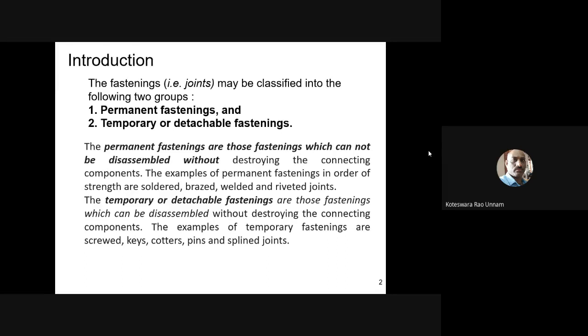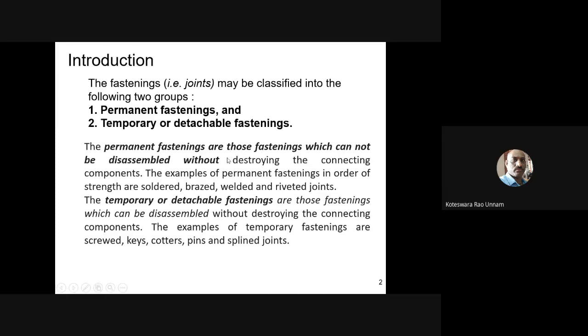Similarly, you have keys and couplings; all those joints are temporary joints. Whereas coming to permanent joints, you have riveting, welding, or something like soldering or brazed joints, which come under this permanent category.